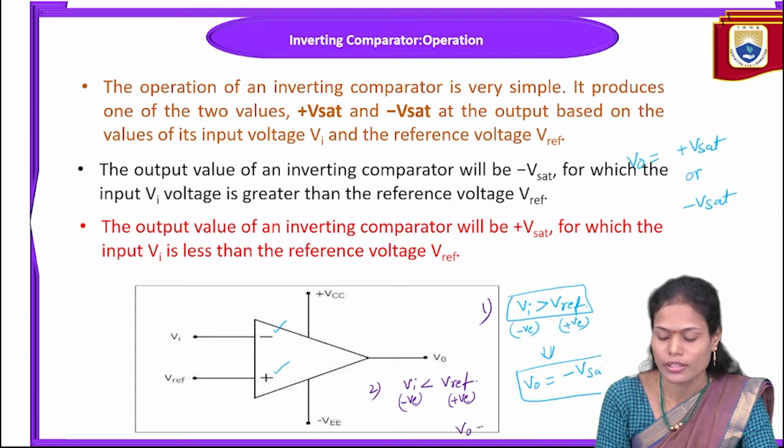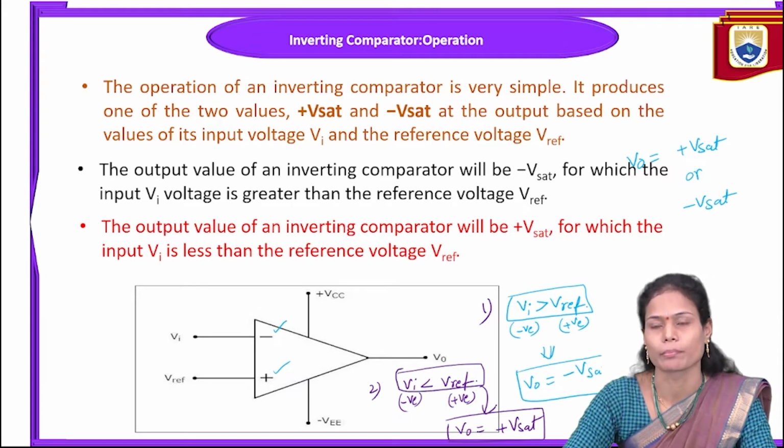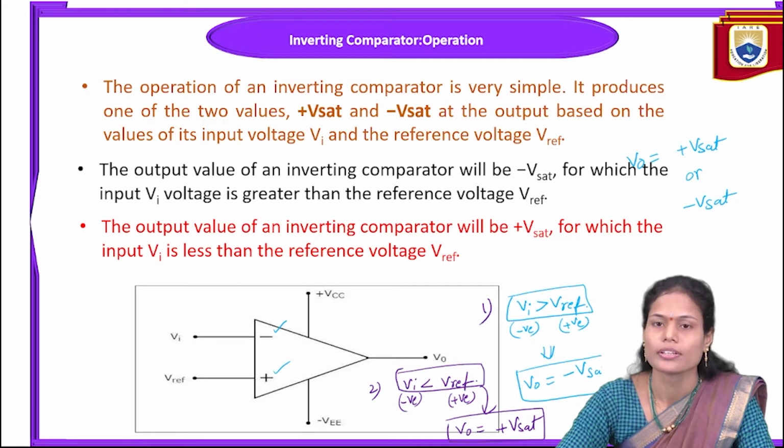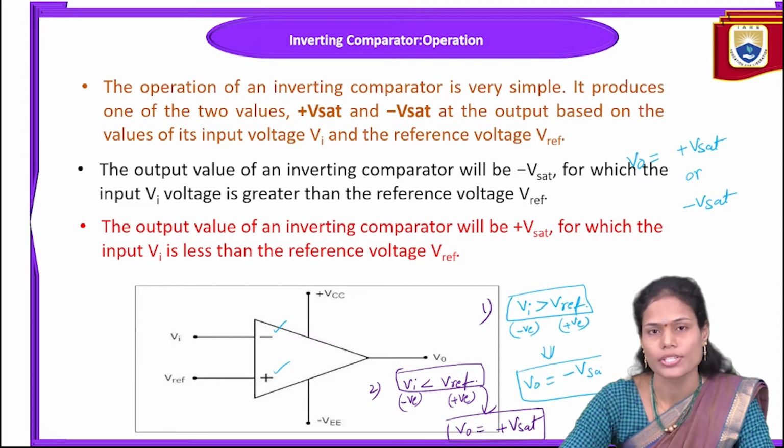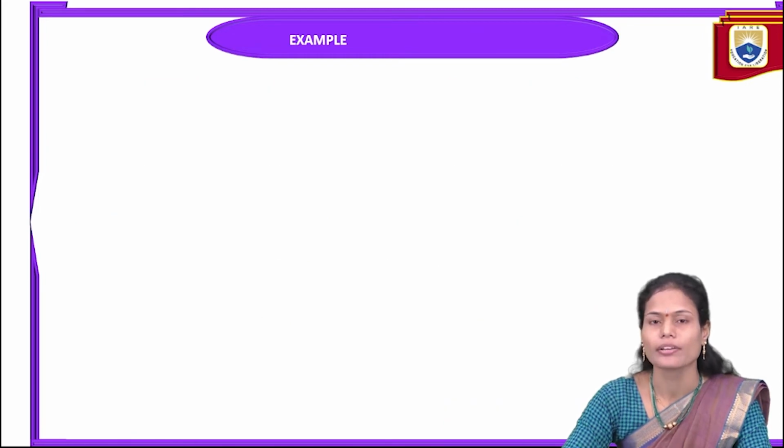So that's why the output is plus V saturation. For this particular condition, I'll get this output. So this inverting comparator will always shift from plus Vsat to minus Vsat and from minus Vsat to plus Vsat. Now we'll see one example related to this inverting comparator.